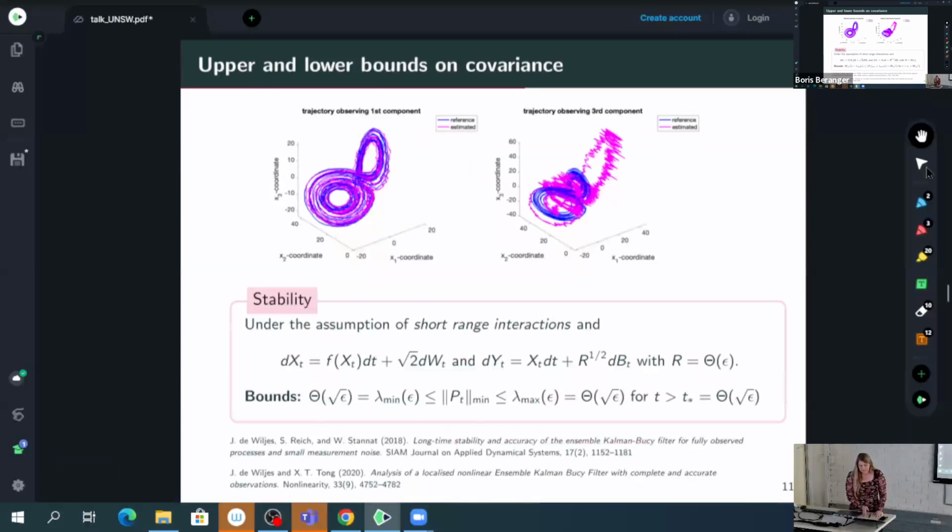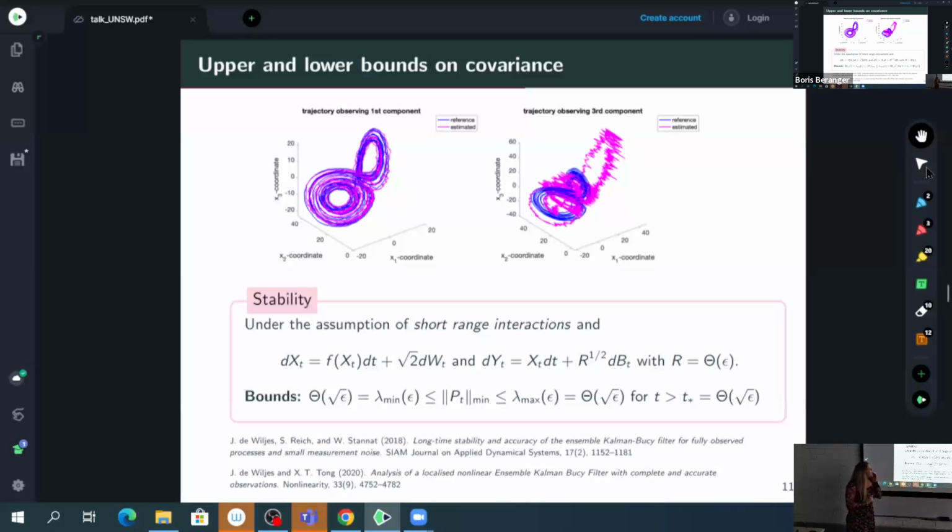And just to give you an idea of what else we need to assume, those things are really bad if we don't. So this is the Lorenz system, which is the go-to toy example when you look into anything that is weather related, because although it's just three-dimensional, it already has all the properties that are super challenging in the data assimilation setting. On the left-hand side, the blue one is the reference, which is just the attractor of the Lorenz system.